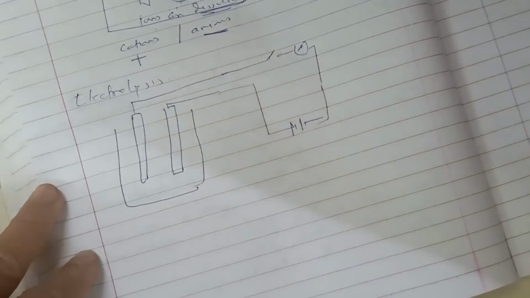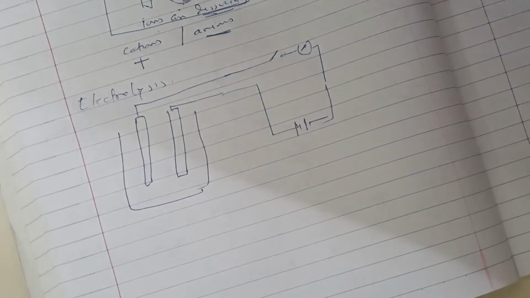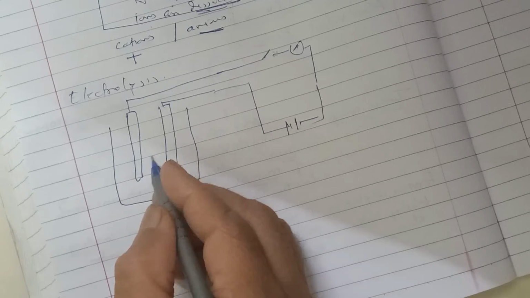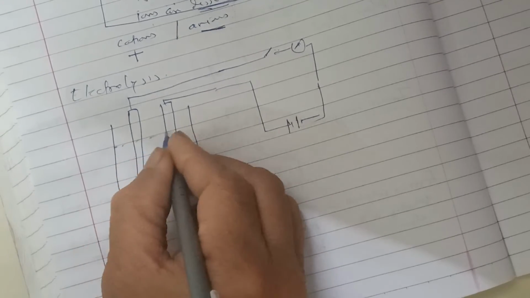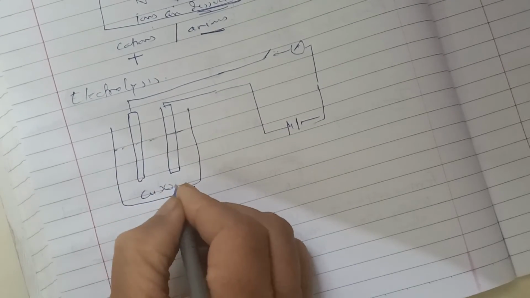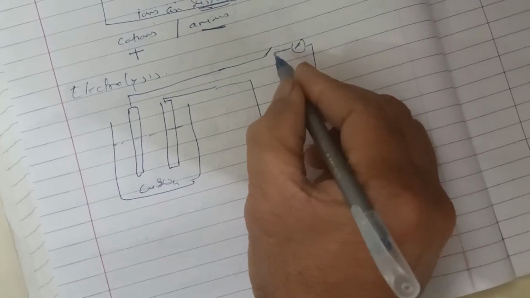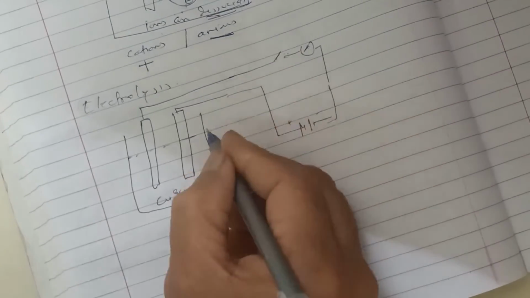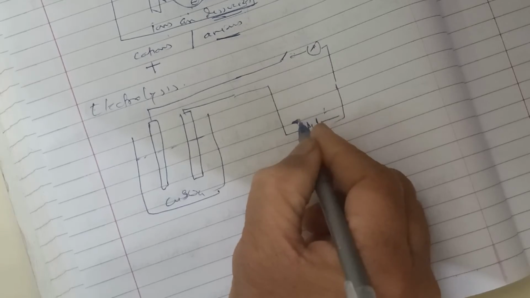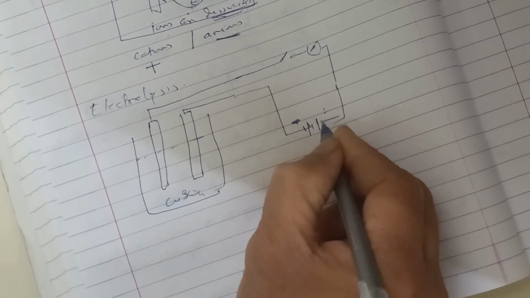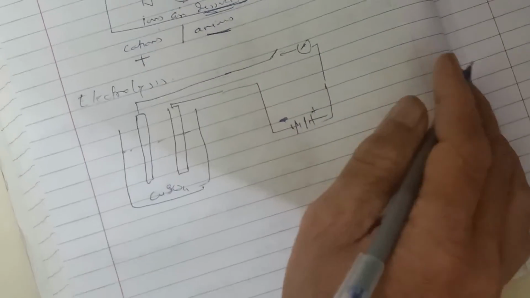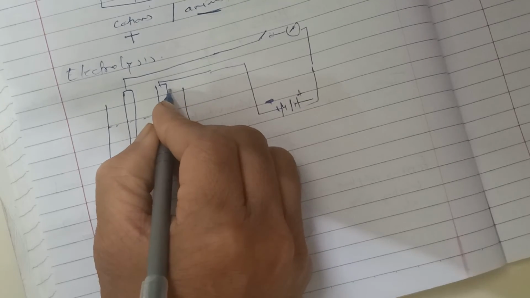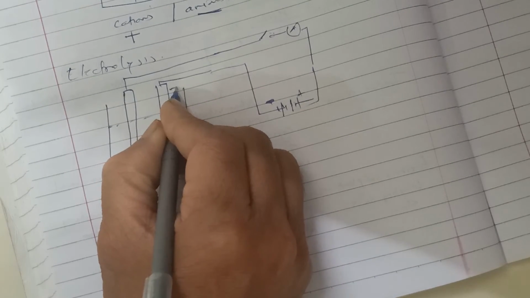Let's see what happens here. In this, if we add CuSO4, copper sulfate solution, then this one is the cathode and this one is the anode.